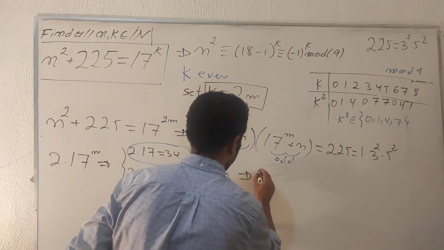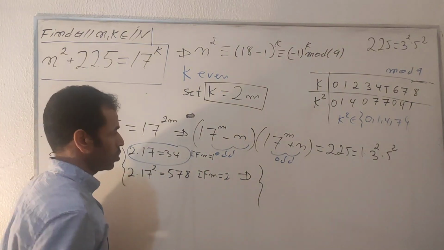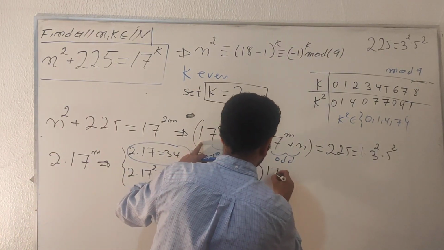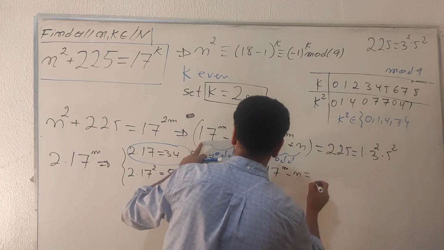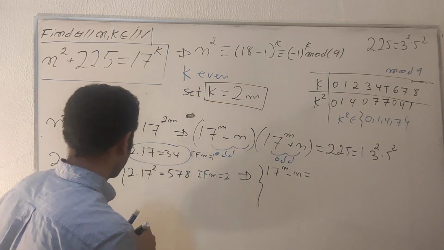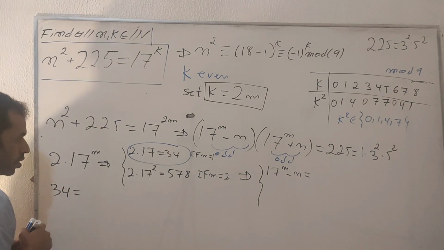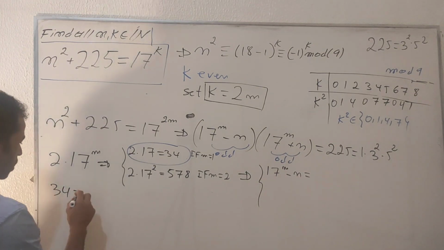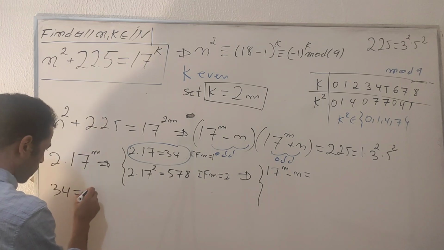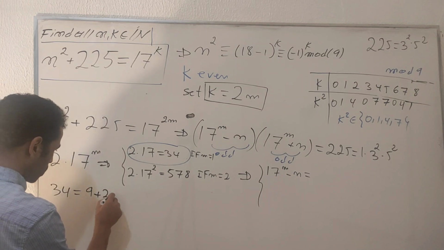So now I'm going right away to the solution. I get this product 17 to the m minus n. As you know, because we sum in here, I get 34 equals 9 plus 25.